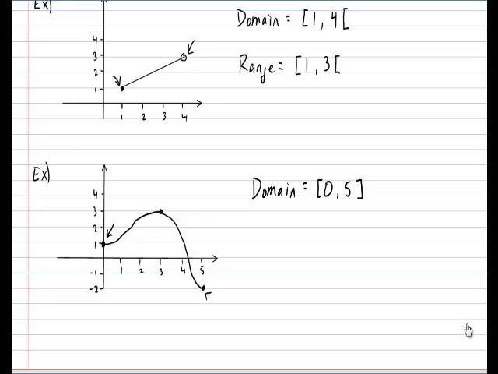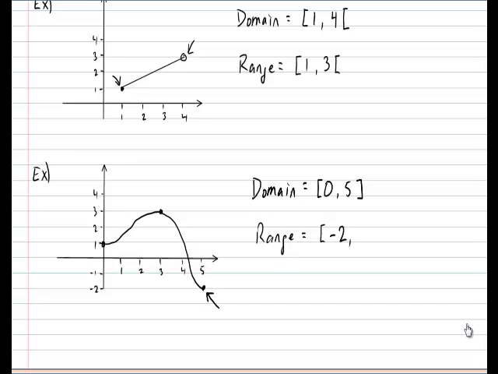Now, let's figure out our range. The range, one final reminder, talks about the y-axis. You're asking yourself, how low does the graph start at and how high does it go? Well, the lowest point is over here. And that corresponds to a y value of -2. How high does this graph go?